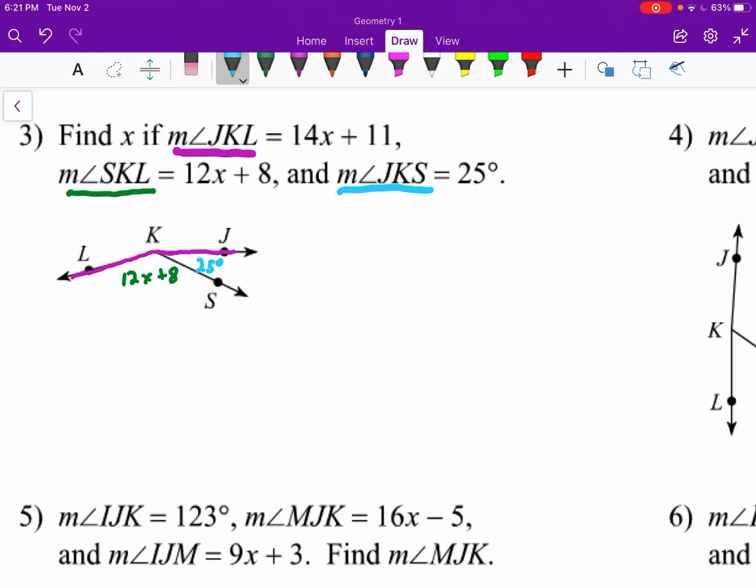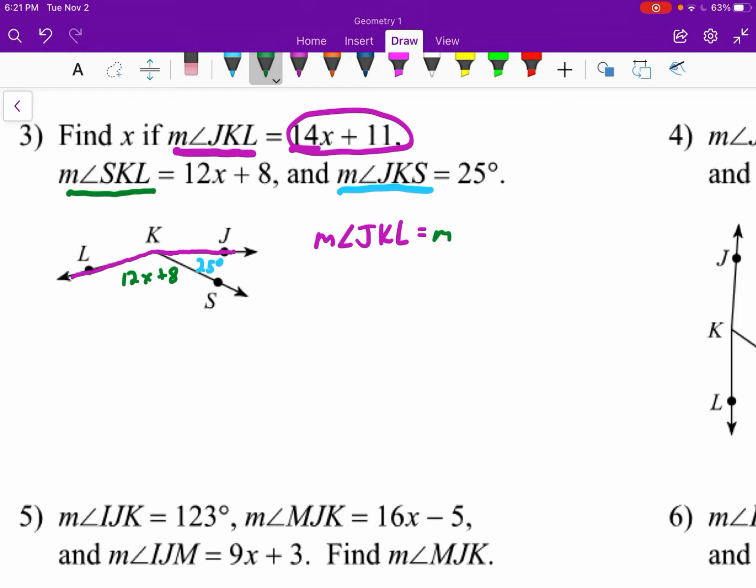Well, the angle addition postulate still holds true here. We know that the largest angle, JKL, in fact, let's go ahead and write this. You don't always have to write this little equation, but the larger angle is equal to the sum of the two smaller angles.